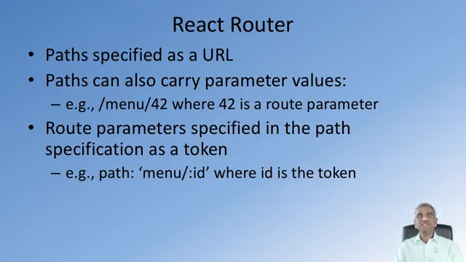If you specify a path like that with a parameter starting with a colon, then whatever follows that will be interpreted as a route parameter by React router. So when you say menu/:id, id becomes a token which gives the route parameter that can then be used by React router to appropriately render the view corresponding to that path.